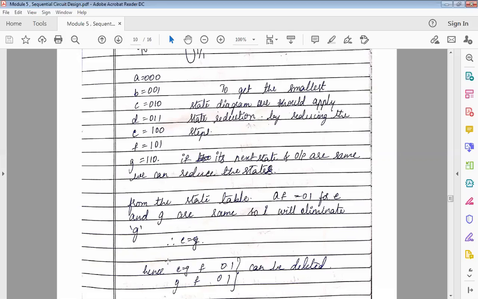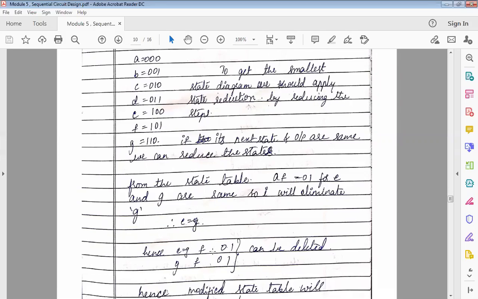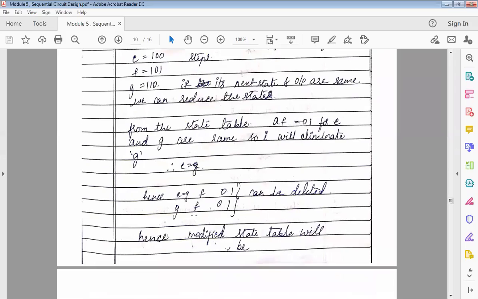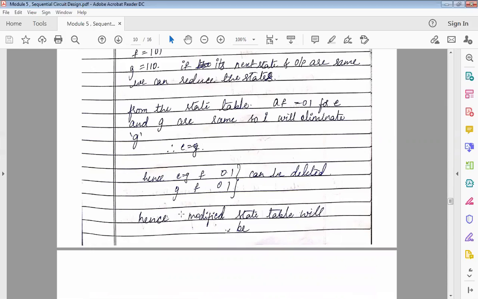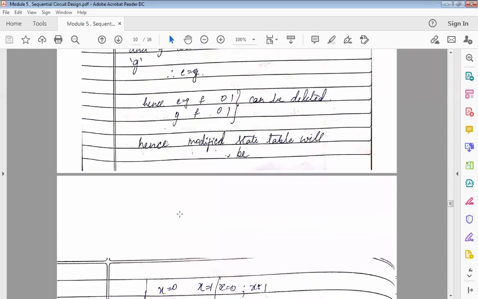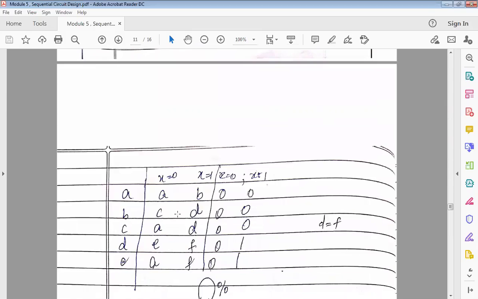Here you can see that E is equal to G. So since E is equal to G, the last one, F, 0, 1, of G is eliminated. So if I eliminate that, this becomes my modified table.